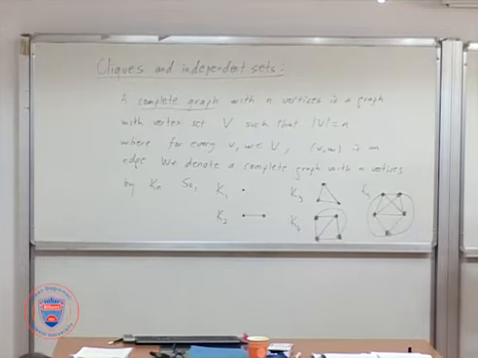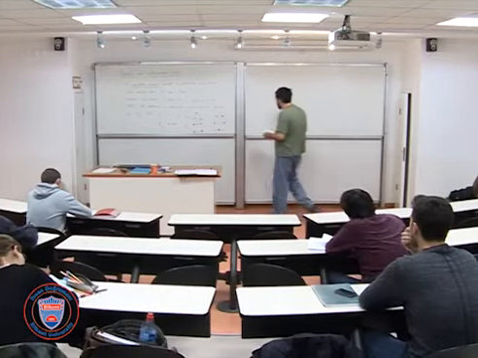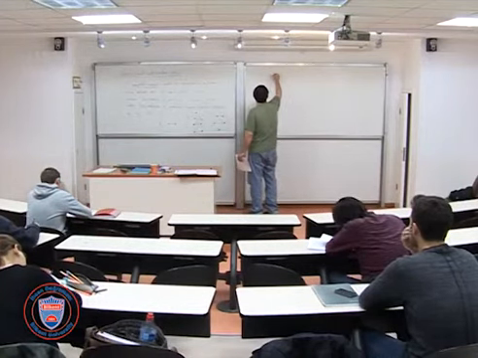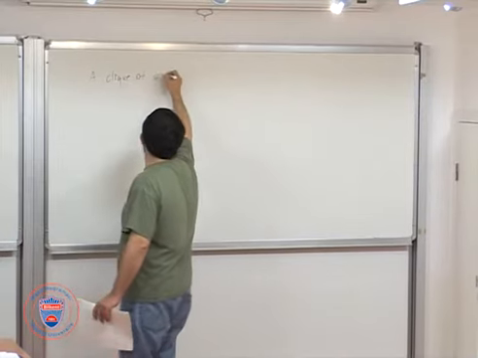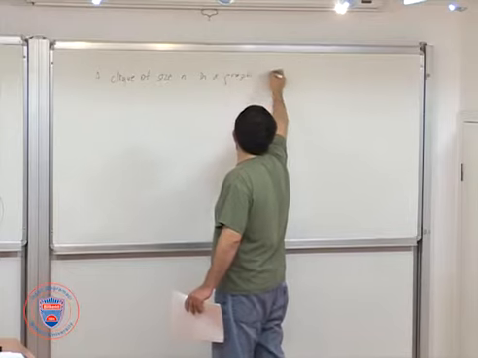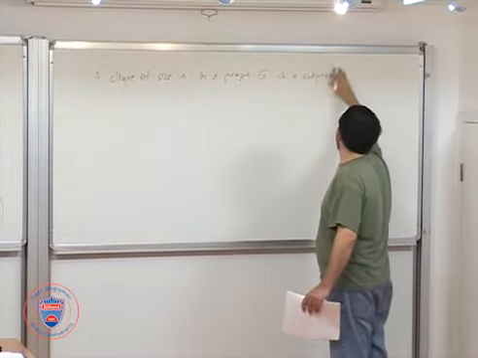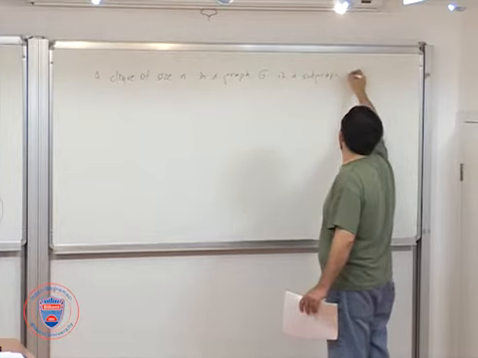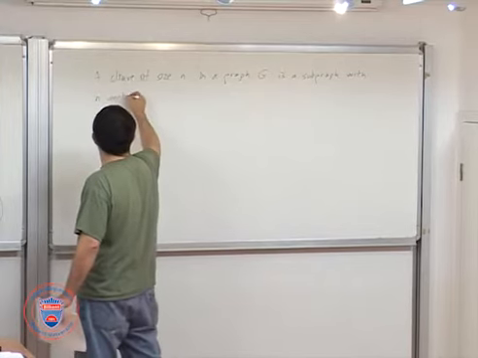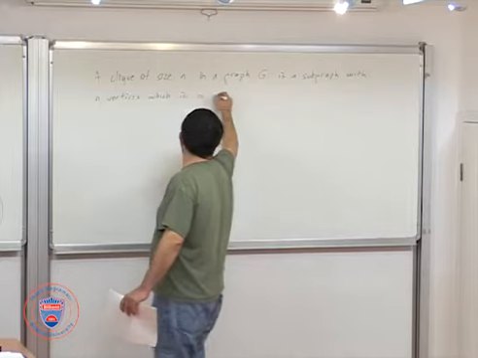So what a clique means: a clique is a subgraph which is a complete graph. Okay? So a clique of size n in a graph G is a subgraph with n vertices which is a complete graph.